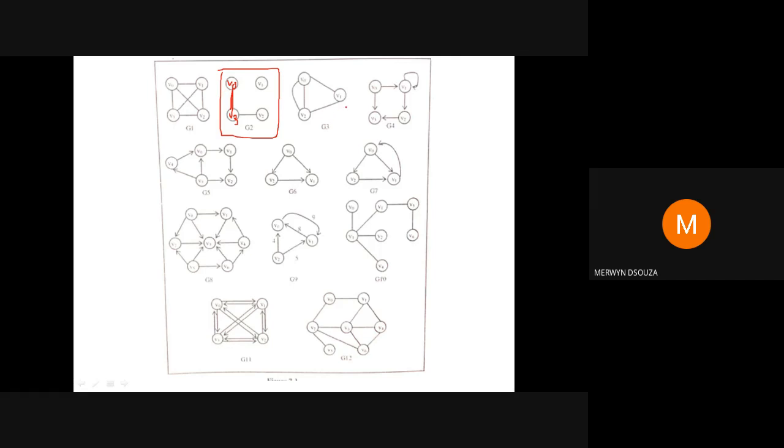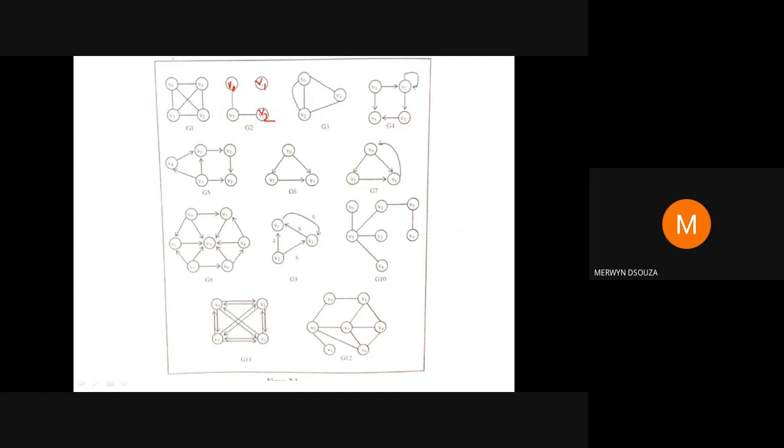I hope you're getting what I'm trying to tell you. Now in this diagram you can see V0 is not having any edge to V1. Therefore V0 and V1 are not adjacent to each other. Similarly, V0 is not having any edge with V2, this is your V2.